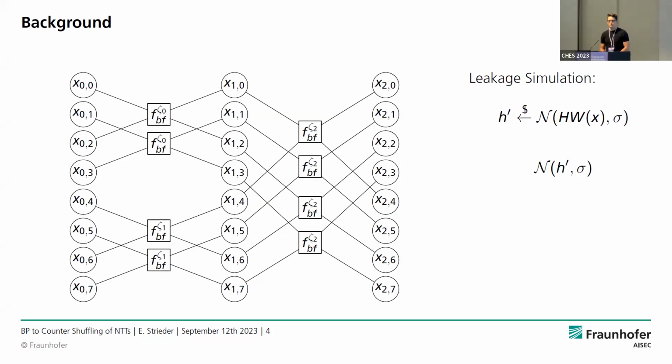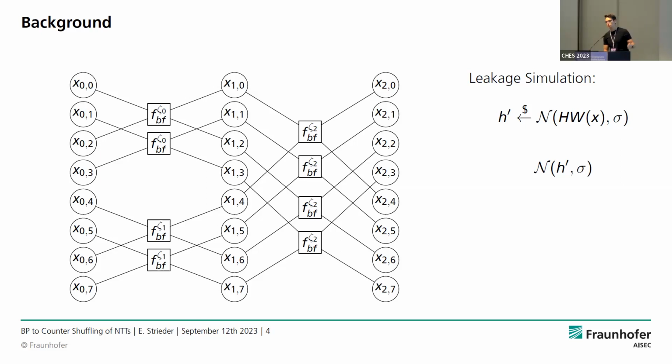This is how a subgraph of the belief propagation graph looks like. You have the typical layers of the inverse NTT. You have blocks of butterflies with the same twiddle factor. And because that's the inverse NTT, we have the small twiddle factor groups on the left side.